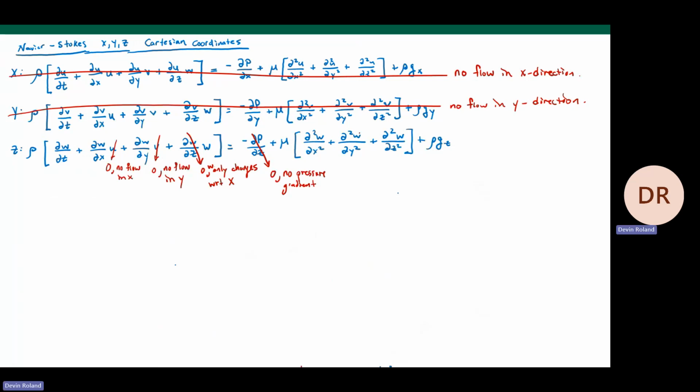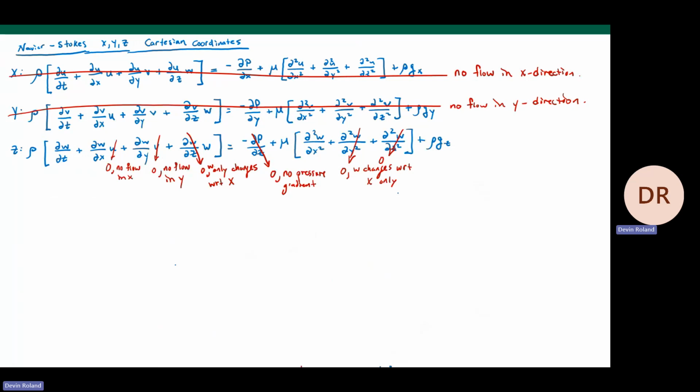But these are both going to be 0 because w changes with respect to x only. So I'm going to mark both of those as 0 for the same reason. And then gravity stays because we have gravity. That's stated in the problem.